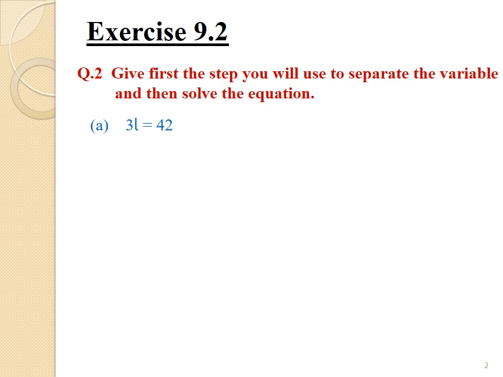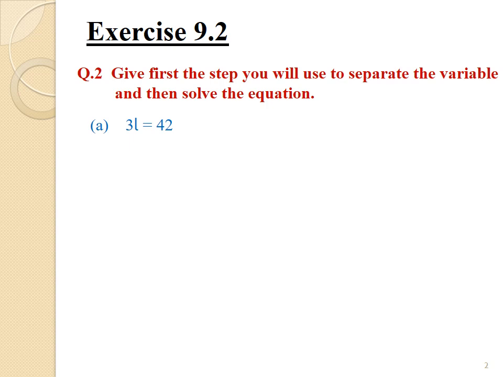We know that in fraction, we have numerator and the denominator. Numerator will be 3L and denominator will be 3 in this equation. So let's divide both the sides by 3 and find the solution of the given equation.